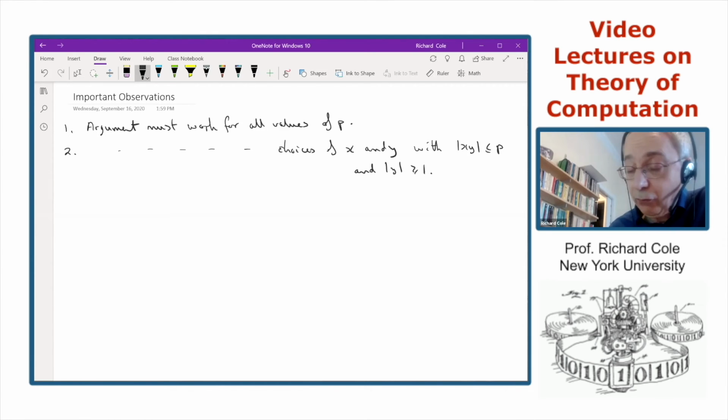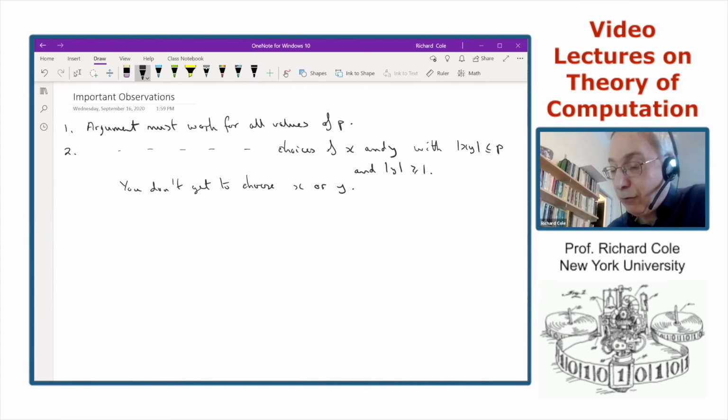You don't get to choose X or Y. And this, by the way, is a very common mistake when doing these proofs. Your argument has to work for every possible X and Y, modulo that they're not too large. That is, together the length of X and Y is at most P, and the length of Y is at least 1. But you do have one thing to choose.